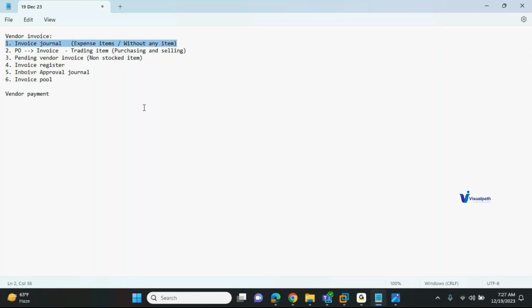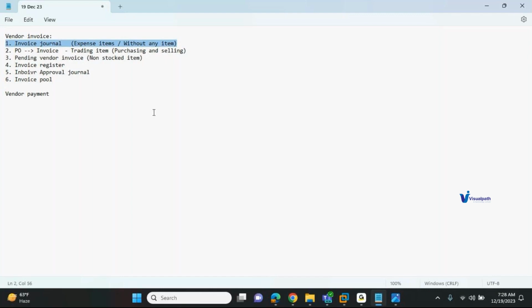First focus is invoice journal. Invoice journal means without any item you are going to do the invoice, because you are purchasing water bottles, A4 stationery, pens, pencils, notebooks. All these things are for running my business.